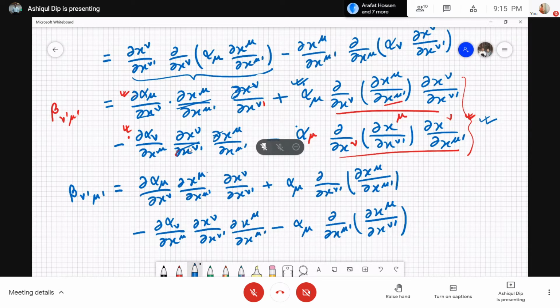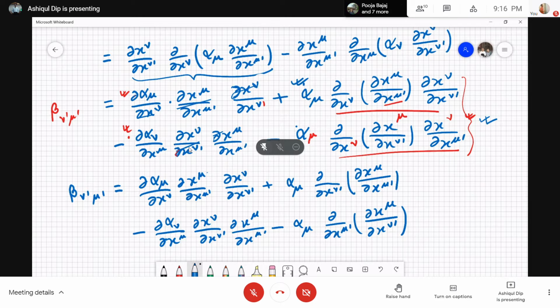You can do the same thing for the other one as well. Now you notice that you have the same coordinate, delta x mu, but you are taking two partial derivatives, one with respect to delta x mu prime and one with respect to delta x nu prime. Those are two different prime coordinates.